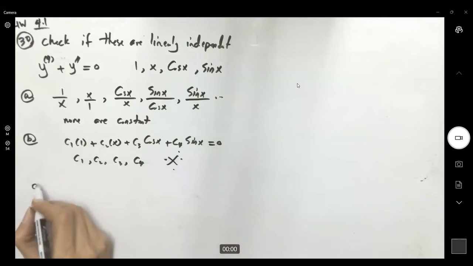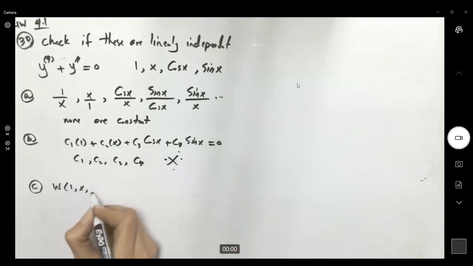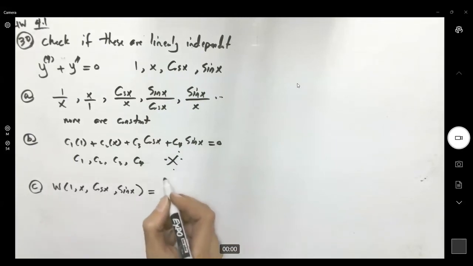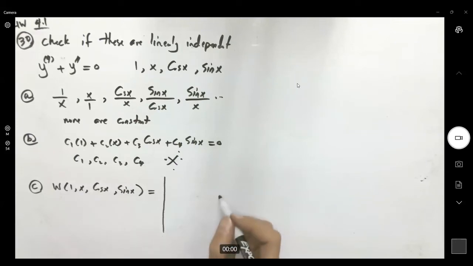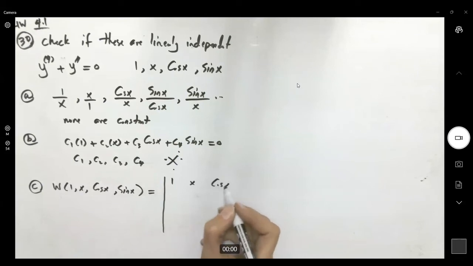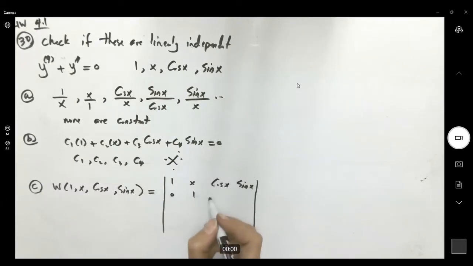And finally, the last option that you have is forming the Wronskian of 1, x, cosine x, and sine x. Here we are dealing with a 4x4 matrix. We copy down 1, x, cosine x, and sine x. Their first derivatives: 0, 1, negative sine, cosine.